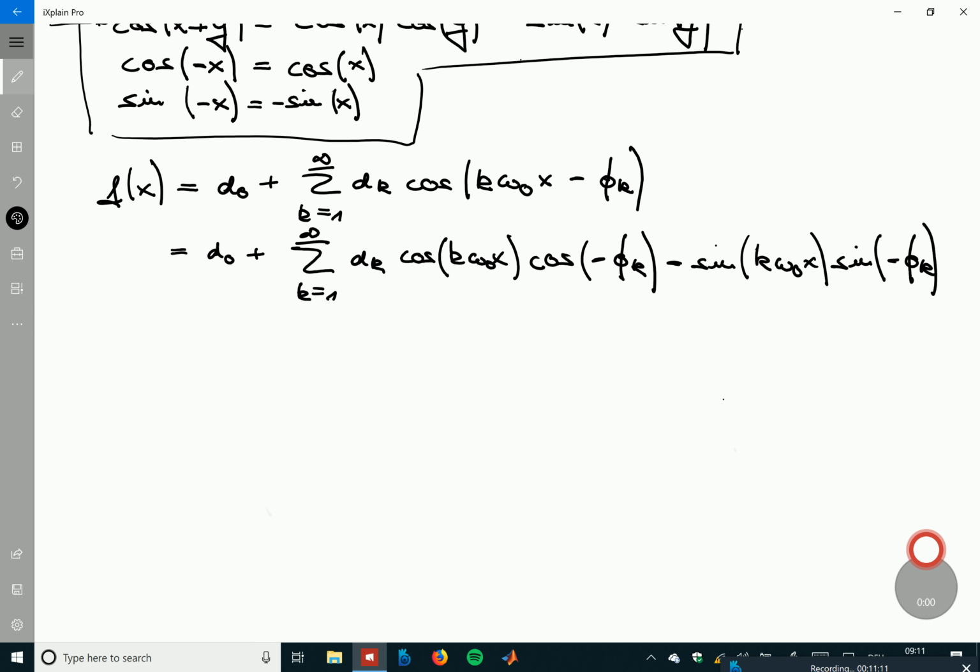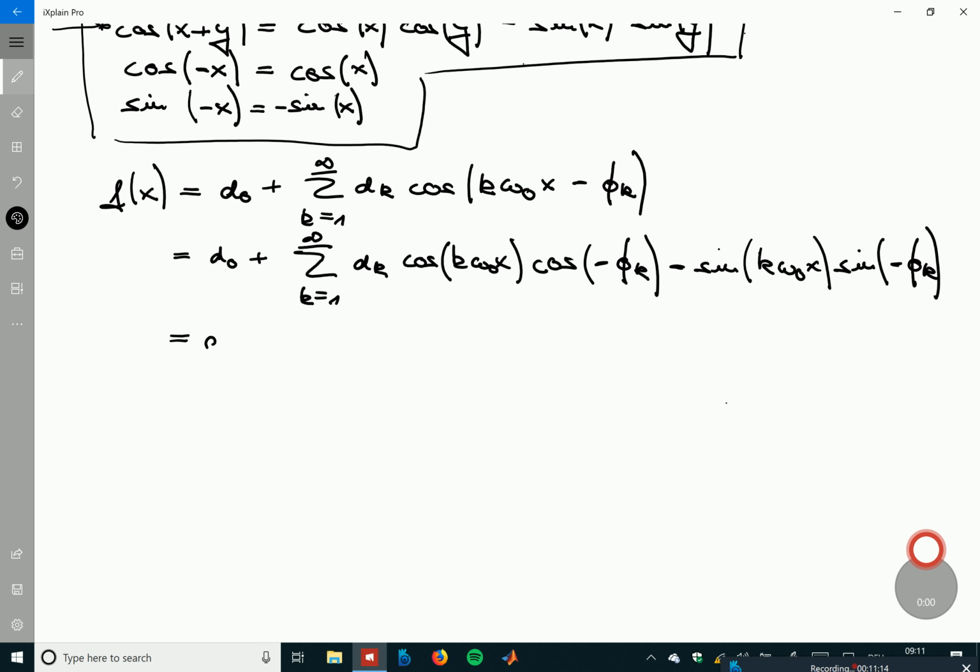Then we can use these symmetry properties to rewrite cos(minus phi_k) as cos(phi_k), because that's also established. And we can rewrite sin(minus phi_k) in terms of minus sin(phi_k). So we get a plus here because we get a minus in front of the last term.